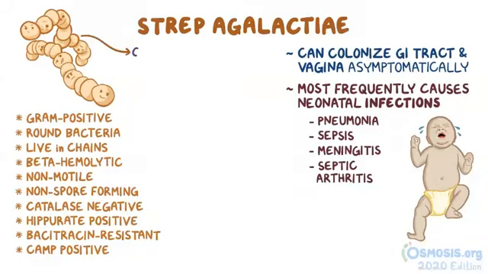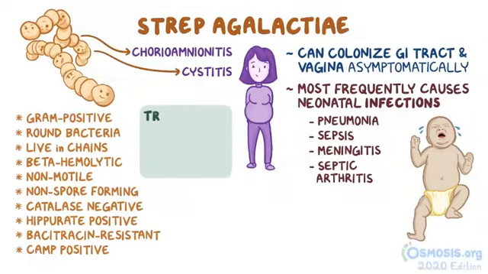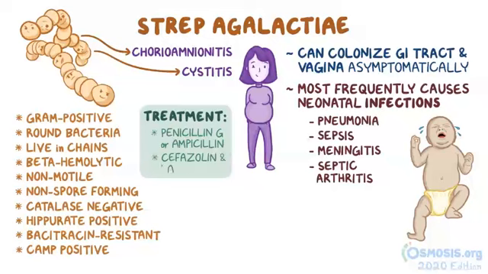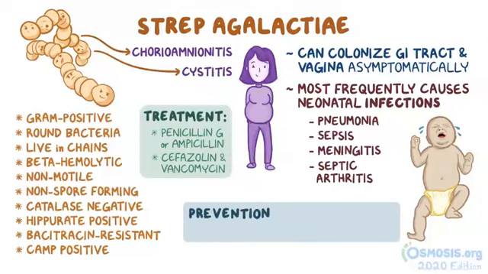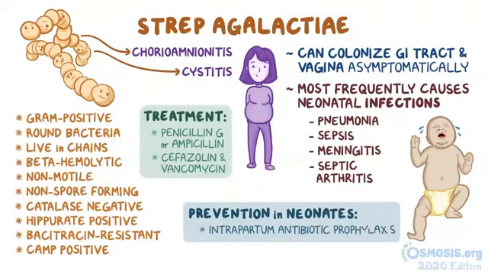But it can also cause chorioamnionitis or cystitis in pregnant females. Treatment relies on penicillin G or ampicillin, but cefazolin and vancomycin might be used as alternatives. To prevent strep agalactiae infections in neonates, intrapartum antibiotic prophylaxis can be administered to vaginally colonized pregnant females.